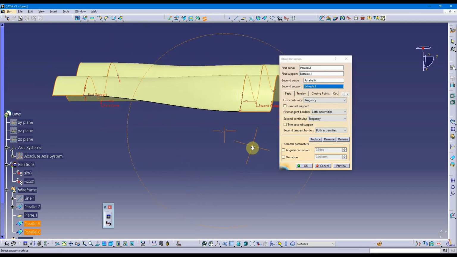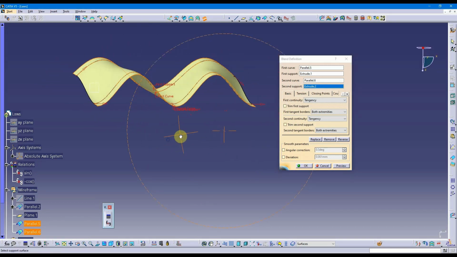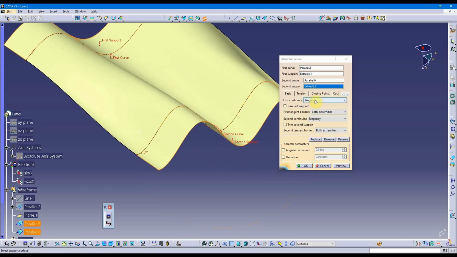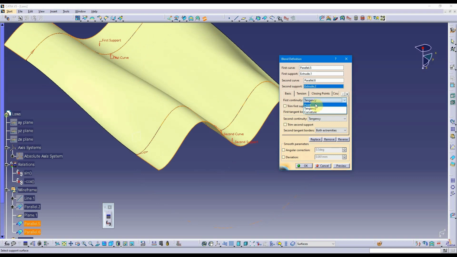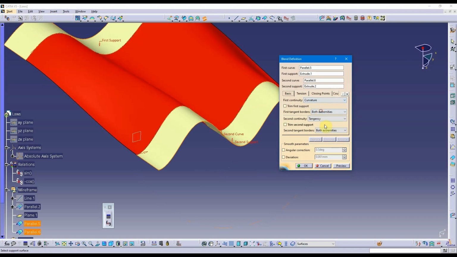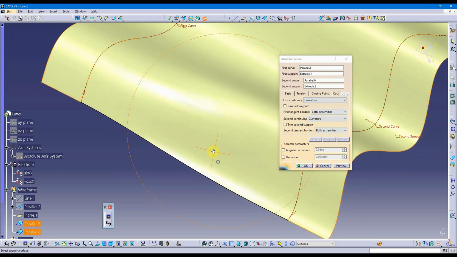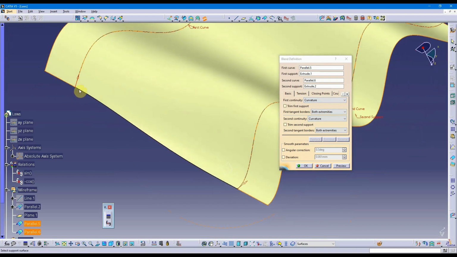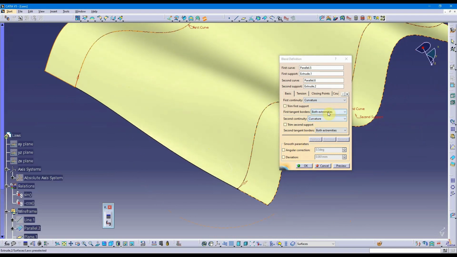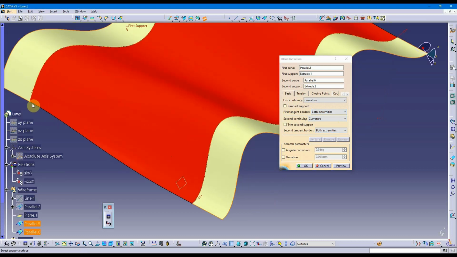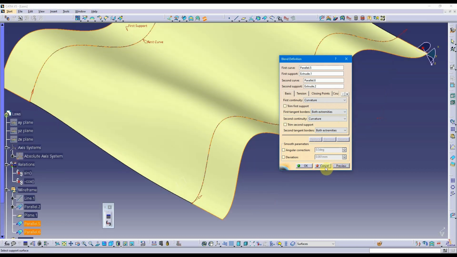Notice how I've got a nice blend, kind of a loft between the two. And continuity, you still got point, tangency, curvature, G0, G1, G2. Let's make it curvature. And my edges, you always have to pay attention to your edges. How are they coming? I think they're looking good there. So when it says both extremes, you are getting tangencies along the edges as well, which is good.